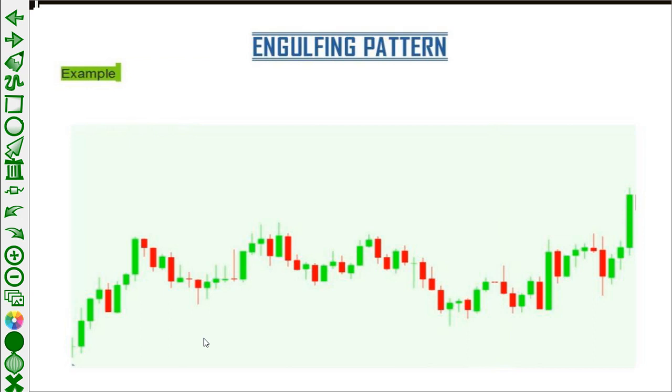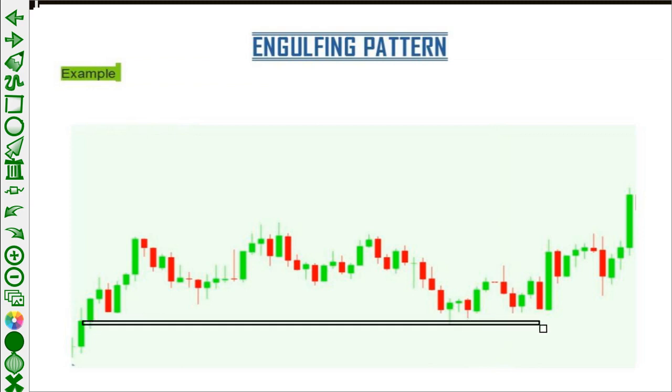Rather than thinking of it as resistance and support, back in my mind I used to think of where the sellers are present and where the buyers are present. Depending on that, the area where the sellers are present is called the seller's area, and it acts as a resistance. And the area where the buyers are present is called the buyer's area and acts as a support.